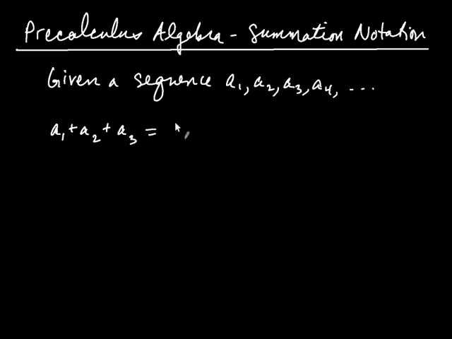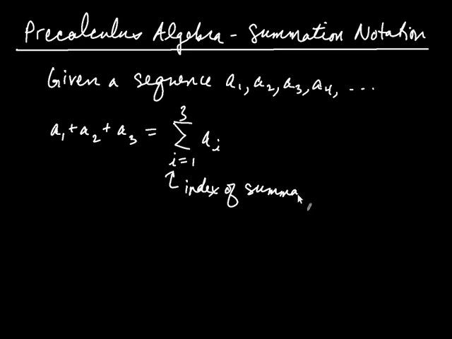This is equal to, we use an uppercase sigma, a Greek letter, the Greek S, and we write this: i equals 1, starts at 1 and ends at 3, of a sub i. So the i, this letter there, is called the index of summation.